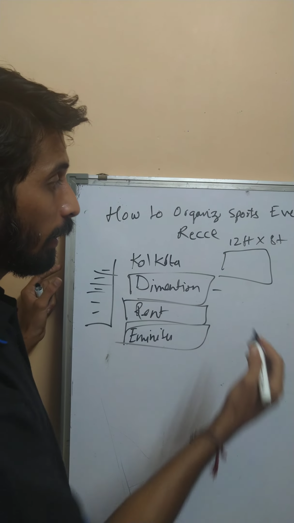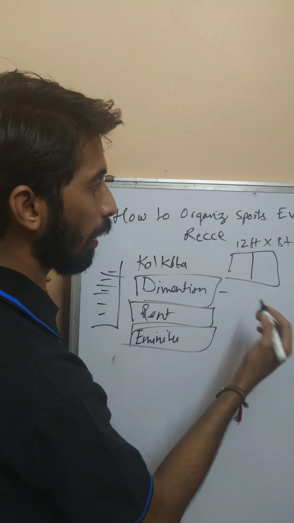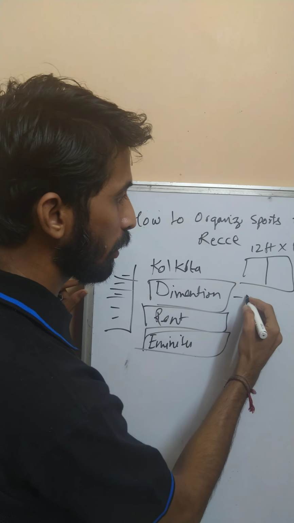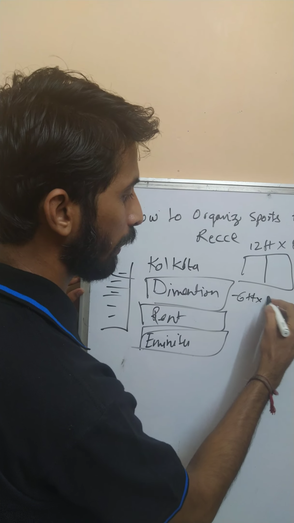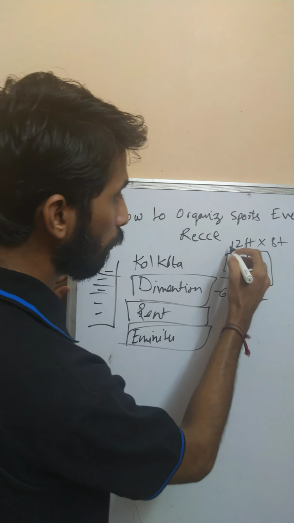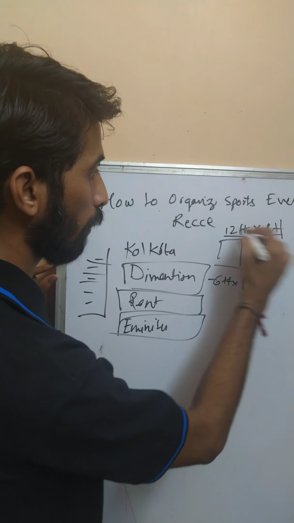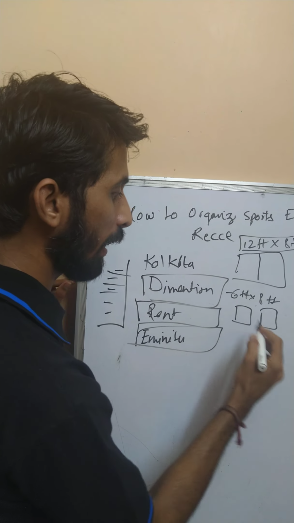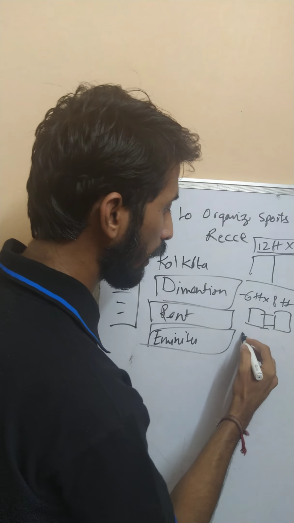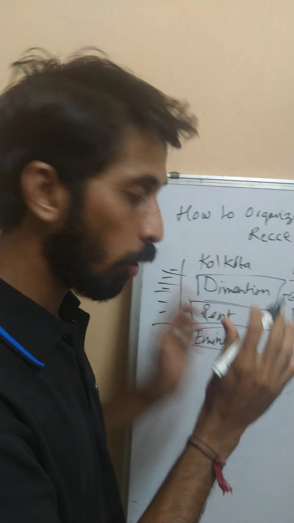Okay. You see there are two frames available over there, which are, let's say, 6 feet by 8 feet. Now if you see the dimension you are looking for, but you see two frames of 6 feet by 8 feet, then you can club them together and make a big backdrop for your event.